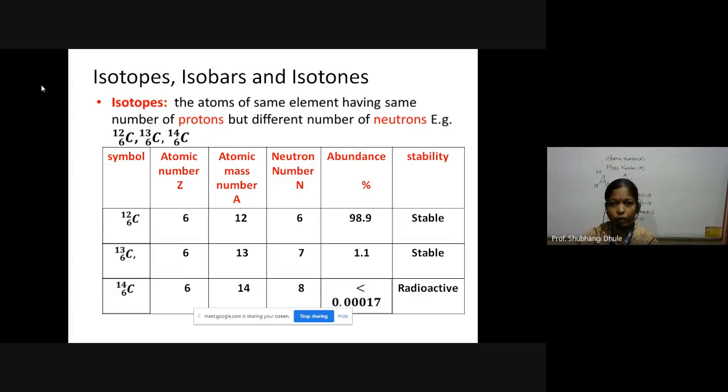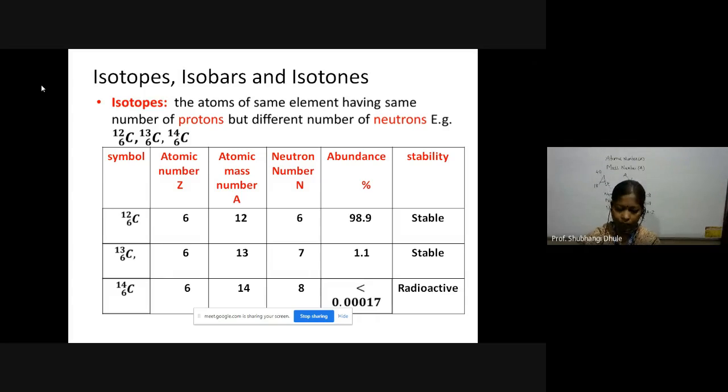Here 12 is the mass number. One isotope of carbon is carbon 12, another is carbon 13, another is carbon 14, having the same atomic number, 6, and they differ by the number of neutrons.